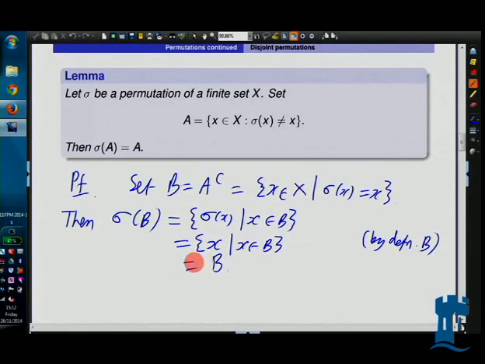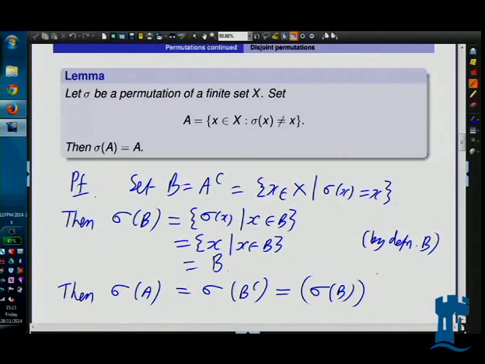But now sigma of A is sigma of B complement. And since sigma is a bijection, that's equal to sigma of B, all complement. That's because sigma is a bijection.